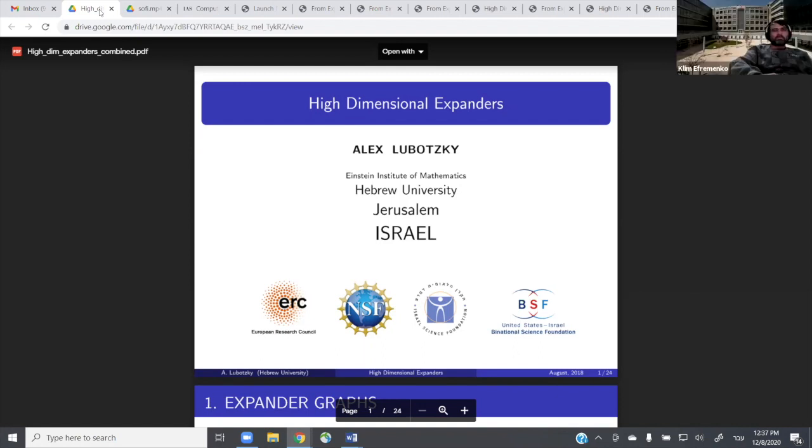I have a question. Do you have an example of an expander which is a geometrical expander but not a topological expander, but it comes from a higher dimensional complex, like an expander of dimension 2 which comes from dimension 3?